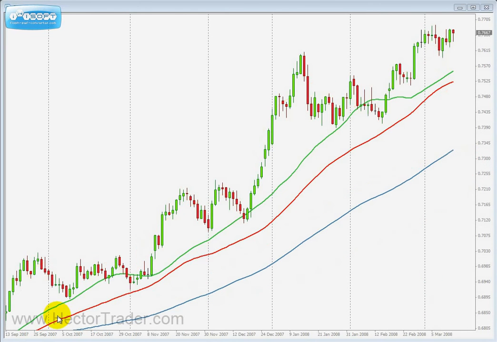So you see, this is the area between the 30 and the 50. You can see it's holding indeed, it's working as a dynamic area of support, okay.